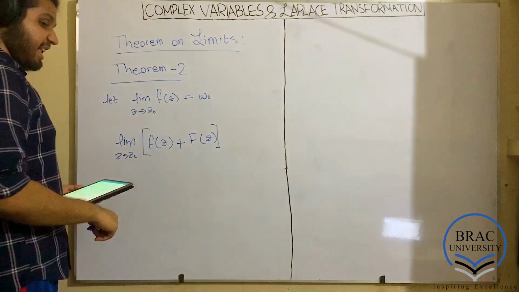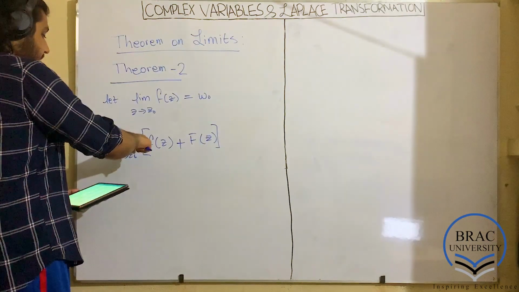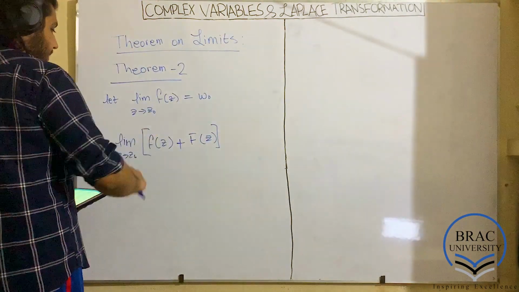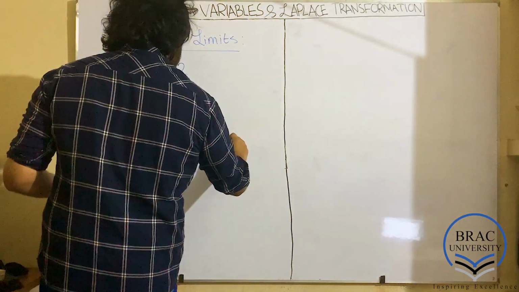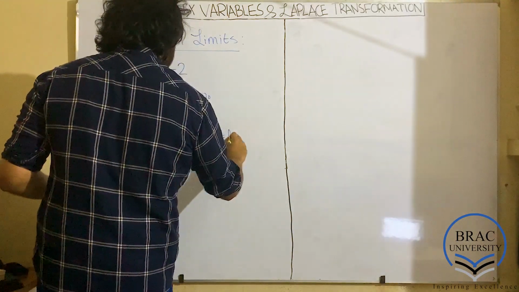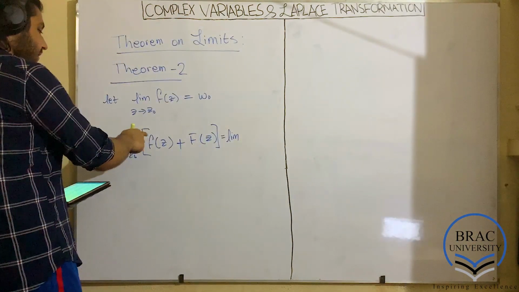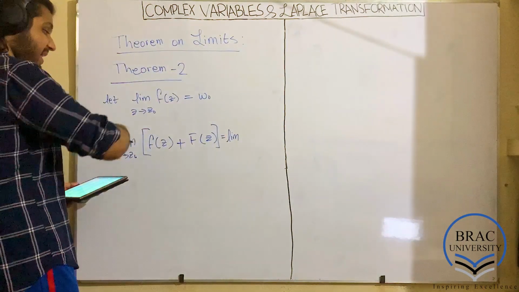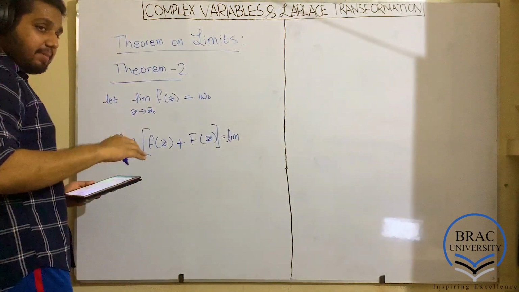The limit then has the property that it will hit them individually. Basically, this is the same as writing it as if this limit operator is hitting them individually and then adding them. It's basically a similar statement.